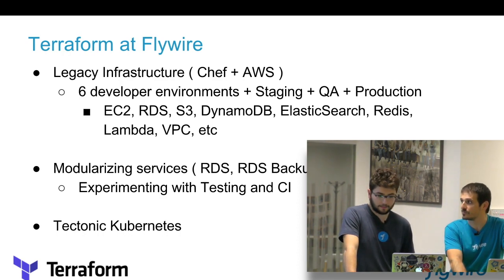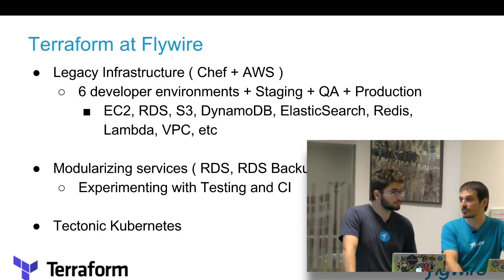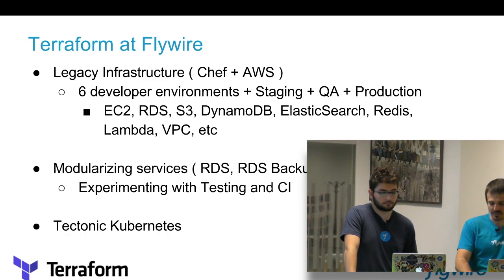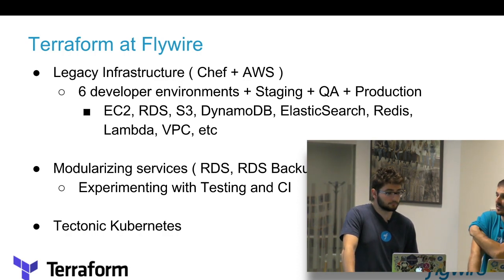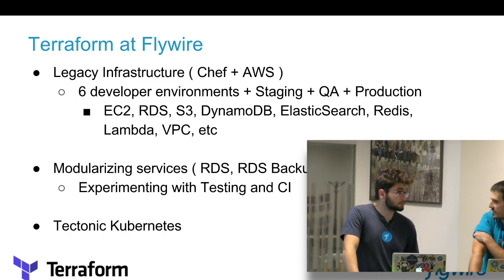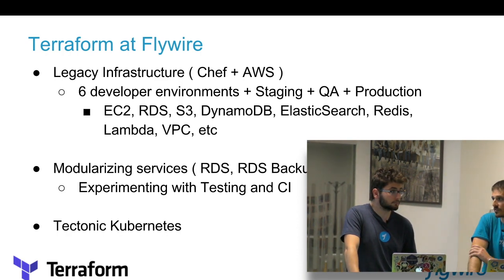We are moving the new parts of what we are developing to a Kubernetes cluster, and we are using Tectonic. We have a basic setup of 3 masters, 4 workers, and 3 etcds.